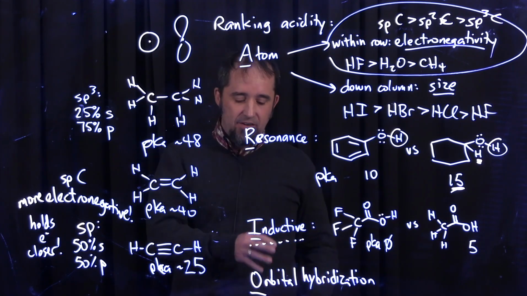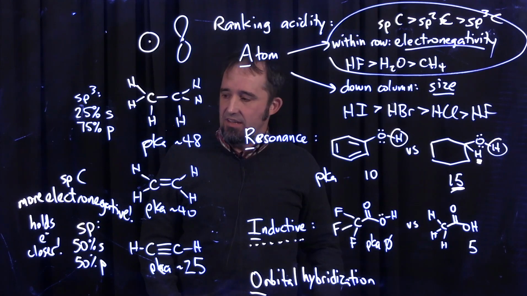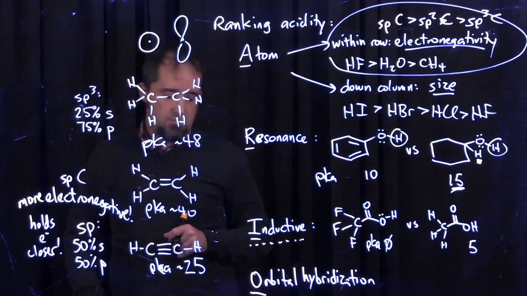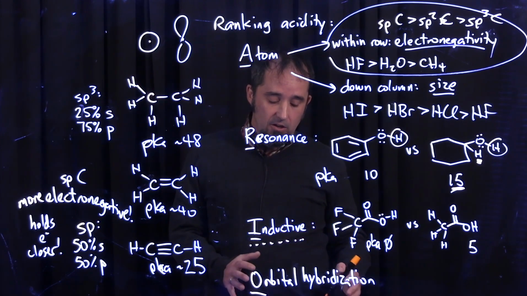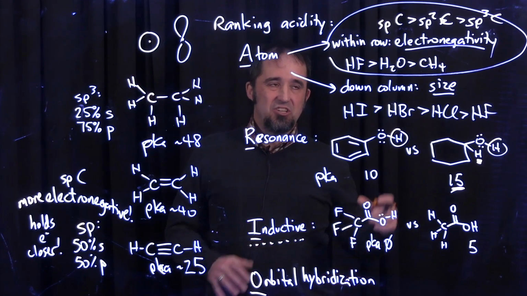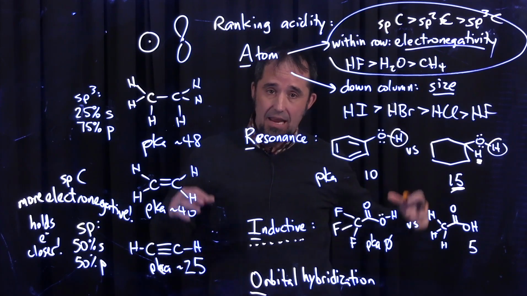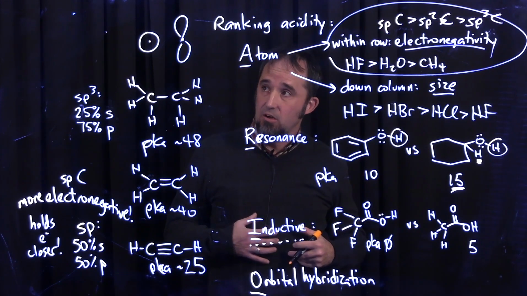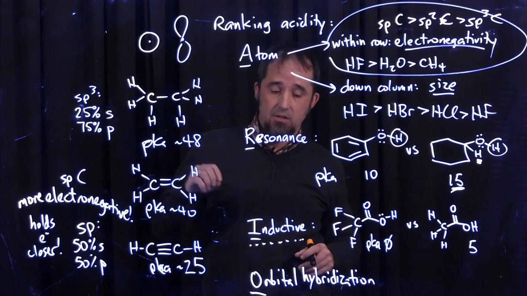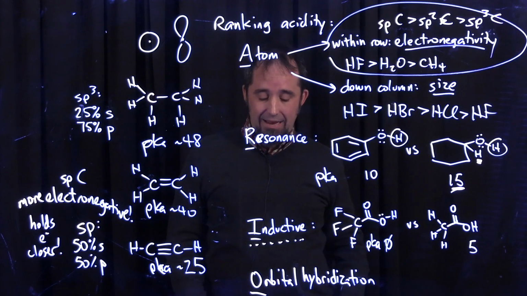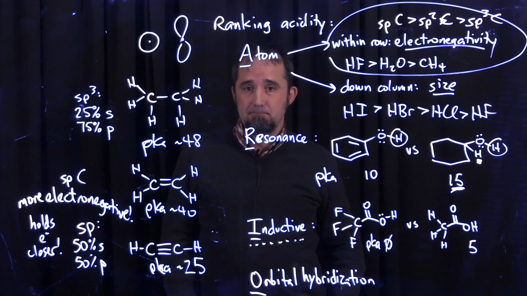So if all else fails, think about the hybridization on the atom. sp is more acidic than sp2, is more acidic than sp3. But here, I kind of think of it as just a difference in electronegativity, because this alkyne carbon is able to hold the electrons closer than these sp2 or sp3 here. So memorize it like this if you like, but I really think that it belongs up there.